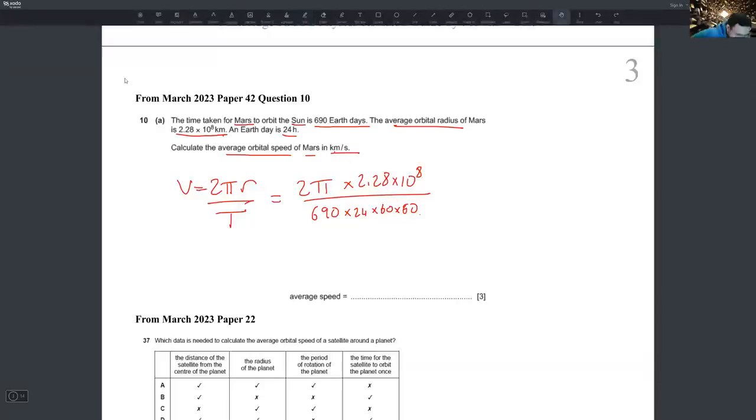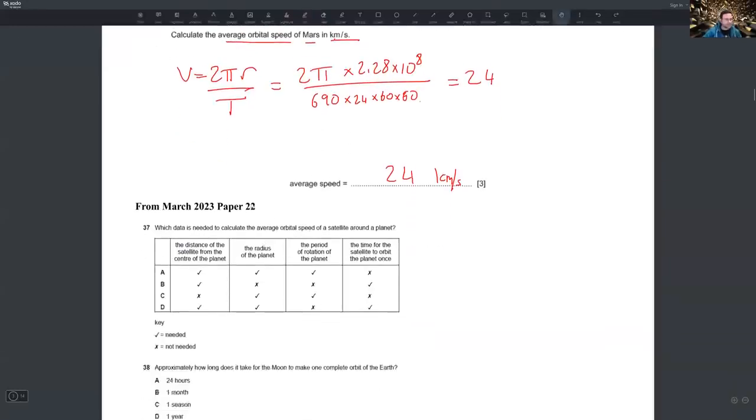I'll get the calculator out. 2 pi, times 10 to the power of 8, over 690 times 24 times 60 times 60, equals 24. Very amusing, the number 24. It's 24.03, but 24 is fine. Kilometers per second.